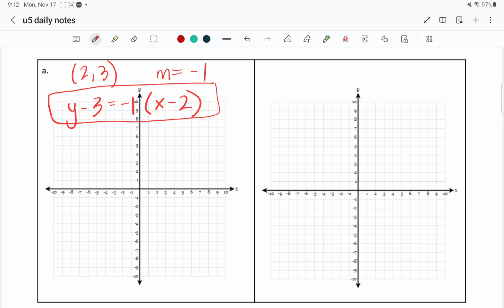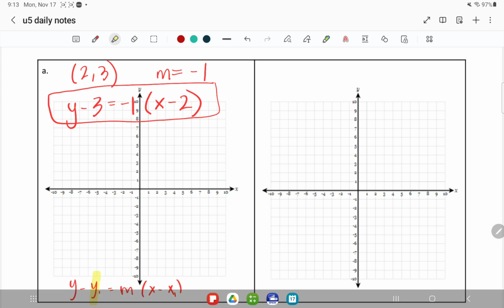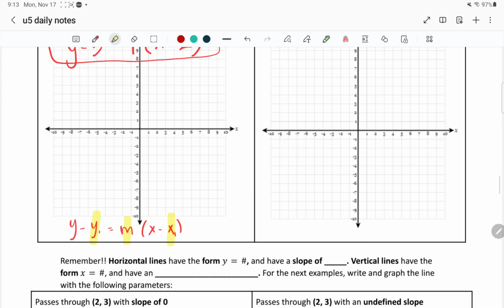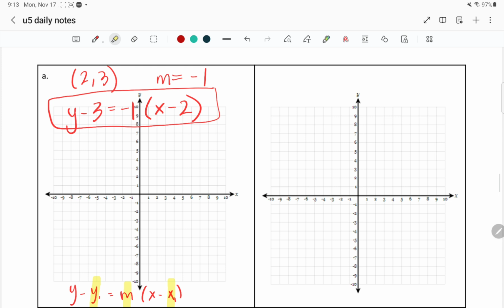Okay, it's y minus y1 being the y value, equals the slope times x minus x1, which is the x value. I am just plugging the numbers that I was given in for those pieces right there. Everything else remained the same. So from here, I'm going to graph it. I'm going to do 2, 3.